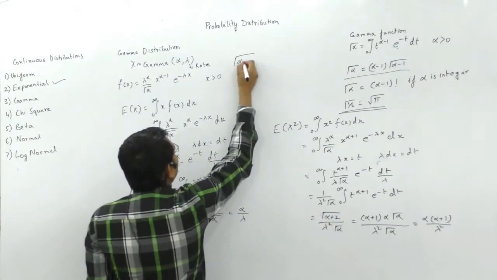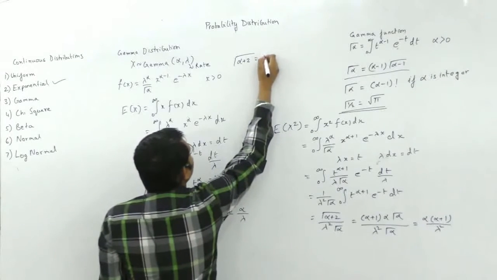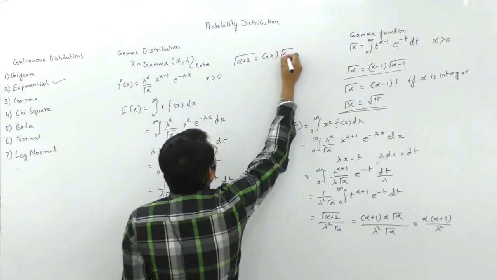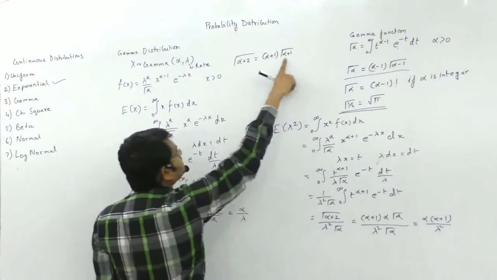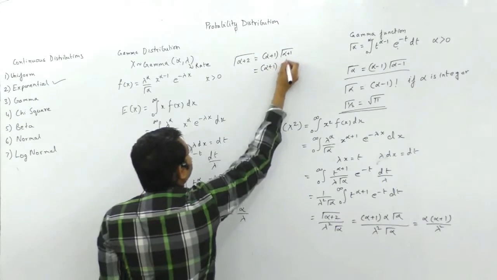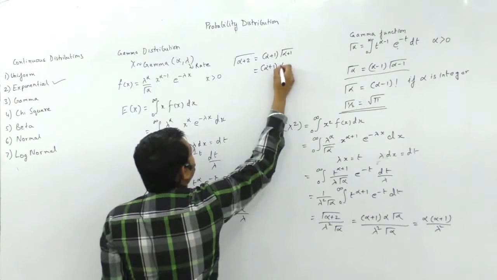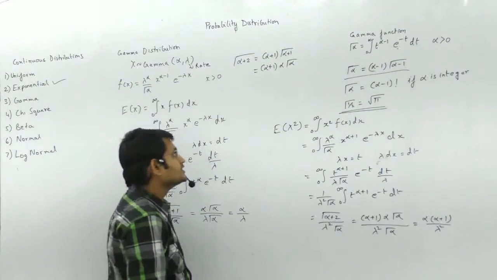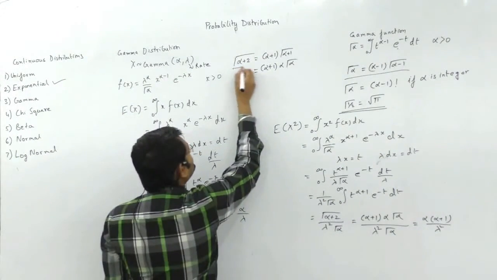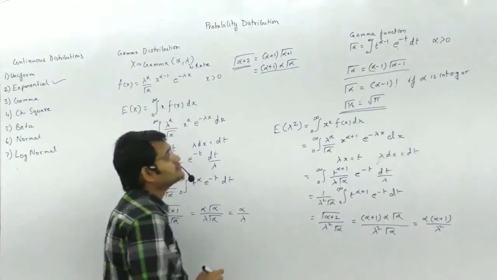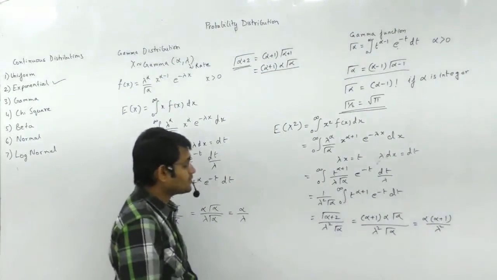Now gamma of alpha plus 2 will be nothing but alpha plus 1 into gamma of alpha plus 1. Then gamma of alpha plus 1 can also be written as alpha into gamma of alpha. So therefore we get gamma of alpha plus 2 same as alpha plus 1 into alpha into gamma of alpha.